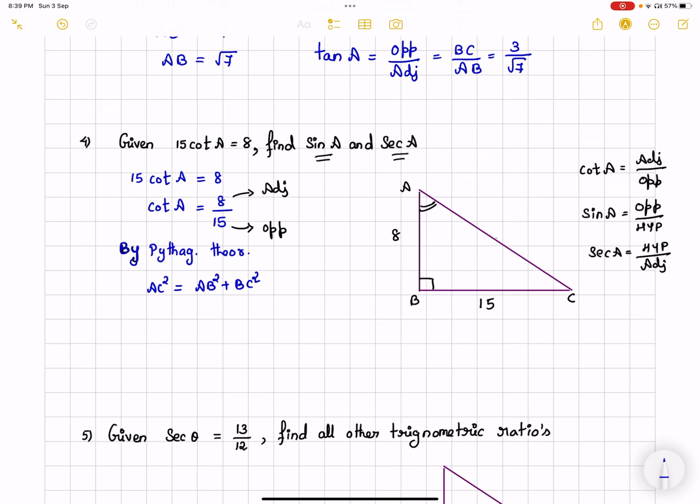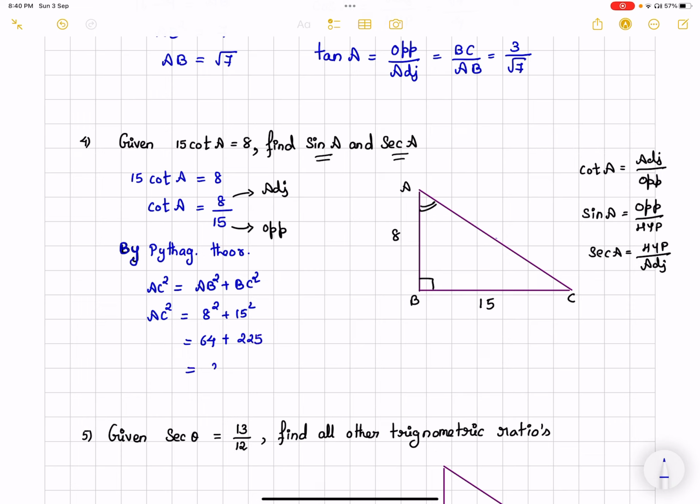That's what we are going to do in a right angle triangle. Obviously, it's a right angle triangle. Now we will just go ahead and fill in the values. AC square, I don't know yet. AB square, I'm aware, that is 8 square. And BC square is 15 square. 8 square is going to be 64 and 15 square is going to be 225.